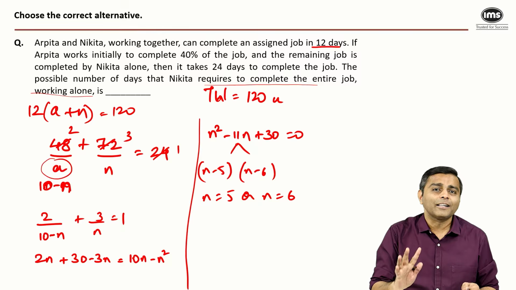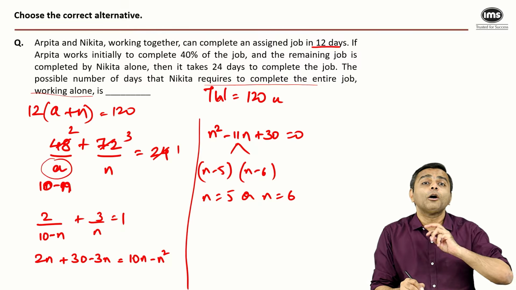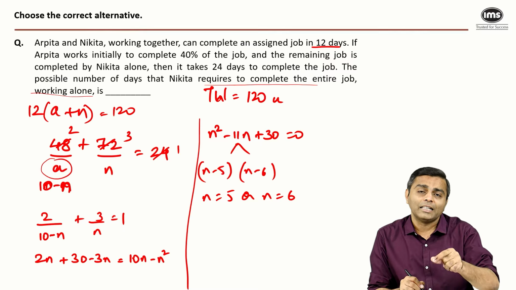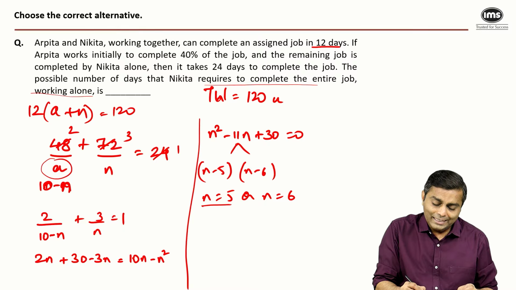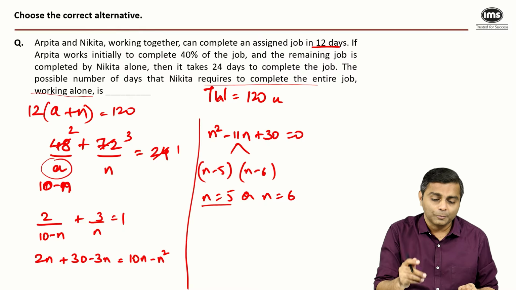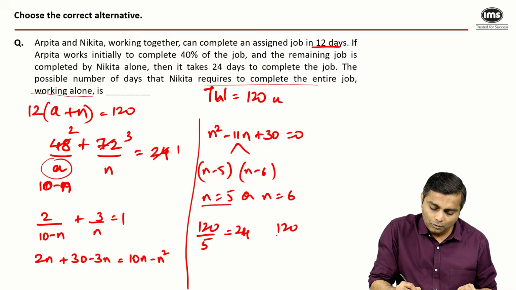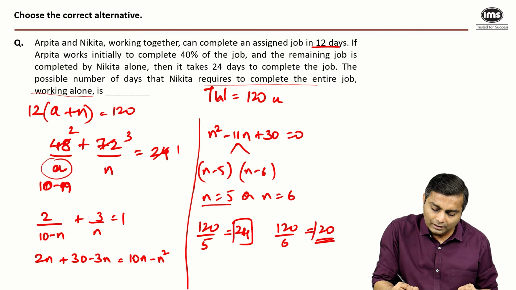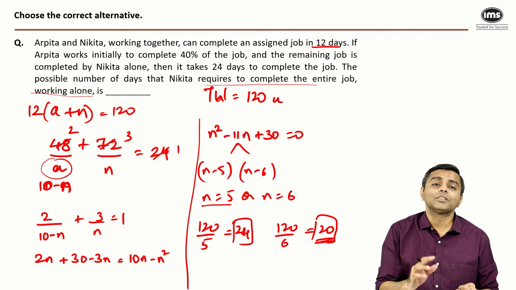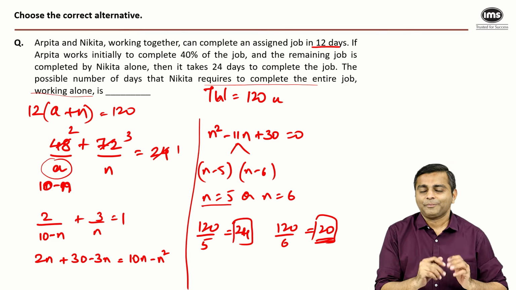So, you will anyway get two answers. Now, to find out the days that Nikita has worked alone, N is equal to 5 is the number of units per day. So, 120 by 5, Nikita could have worked for 24 days. Or 120 by 6, Nikita could have worked for 20 days. So, I think there are two correct answers for this particular question.